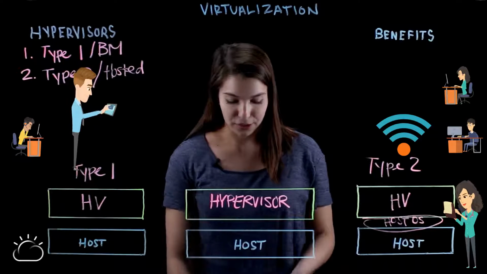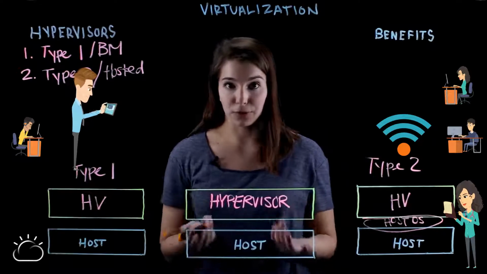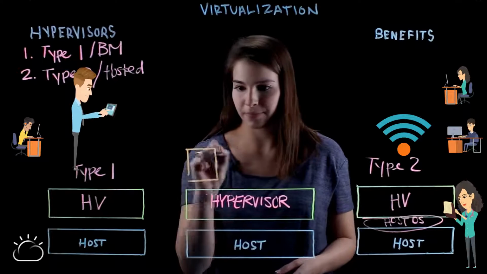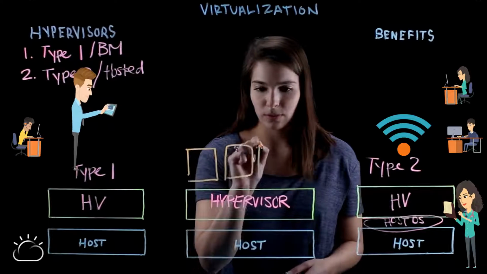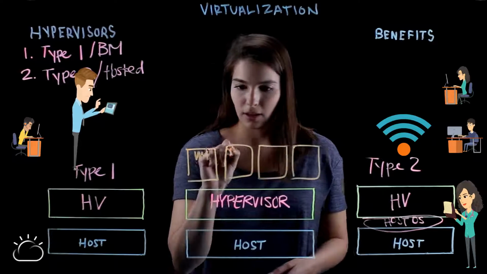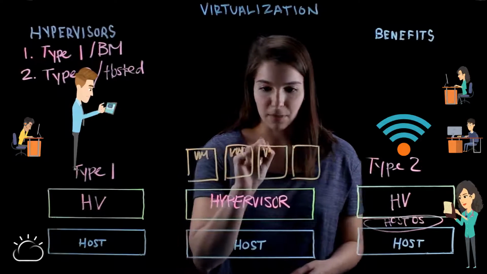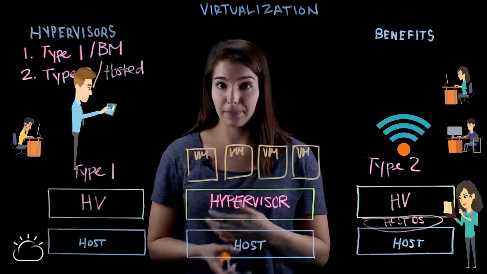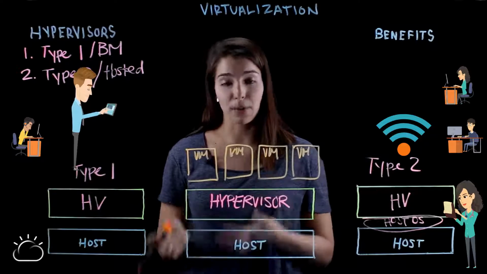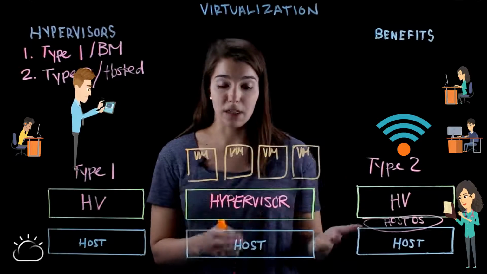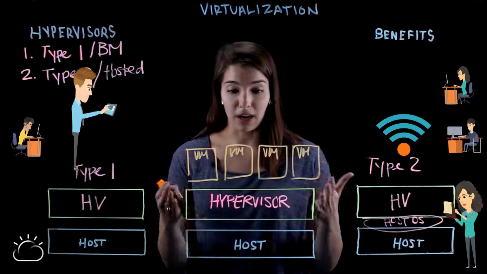So once you have your hypervisor installed, you can build virtual environments or virtual machines, or simply put, VMs. So let's spin up some environments. What makes a VM a VM? A VM is simply a software-based computer. They run like a physical computer, they have an operating system and applications, and they're completely independent of one another, but you can run multiple of them on a hypervisor.